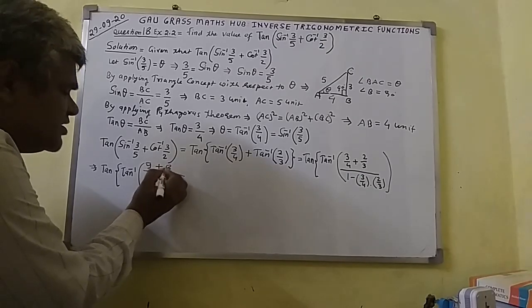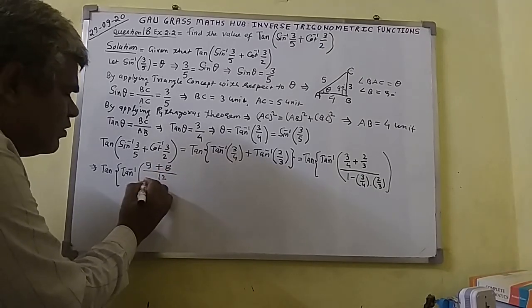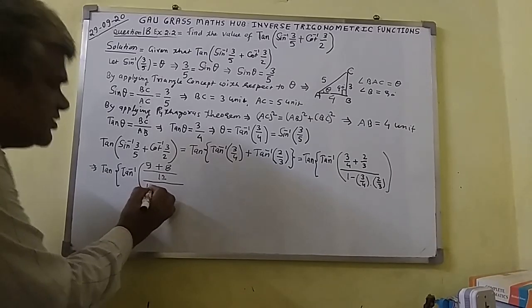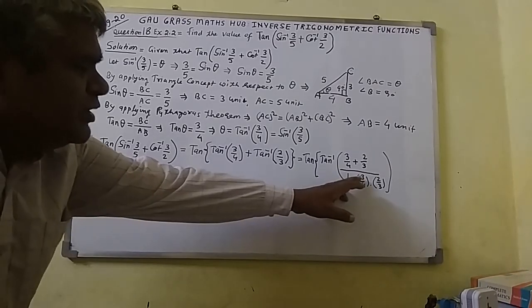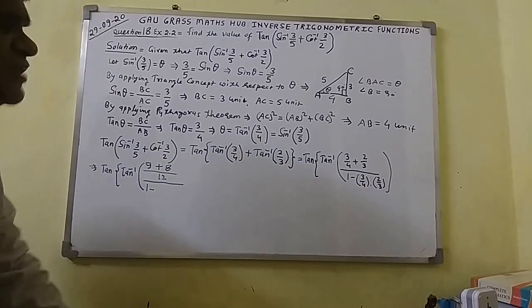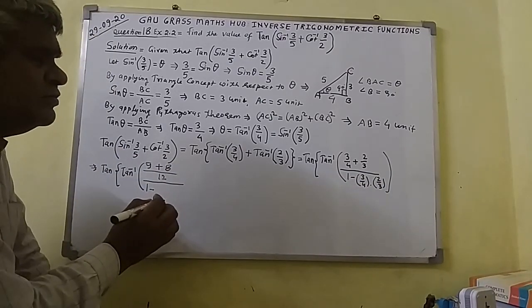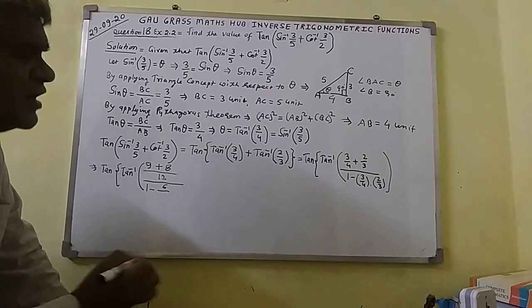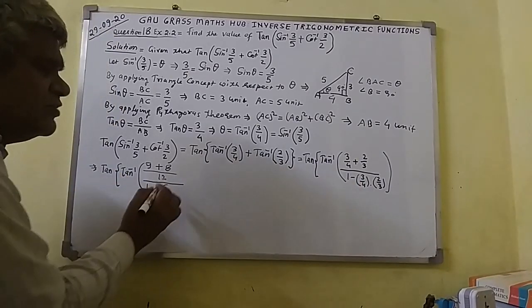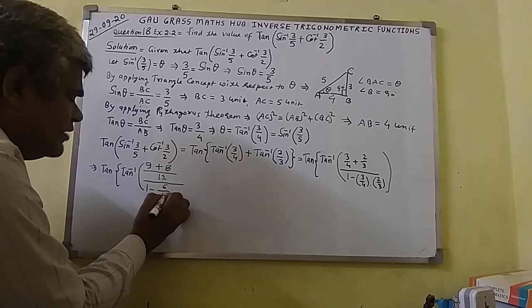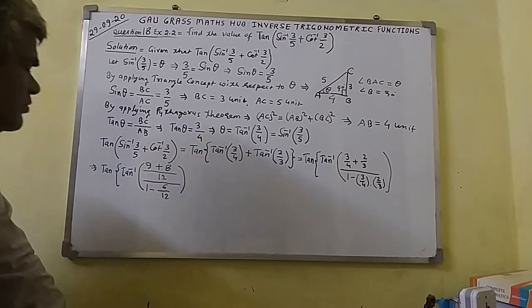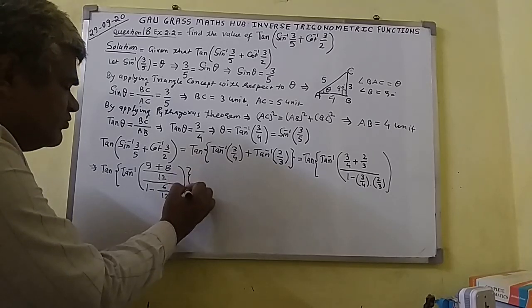So here you will get 8, whole over 1 minus, 2 will multiply by 3, comes out to 6, over 12. Now close the curly bracket.